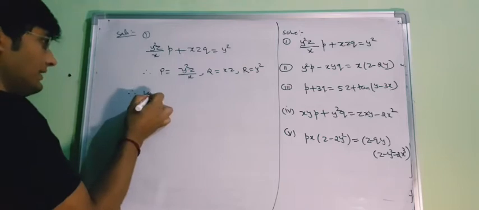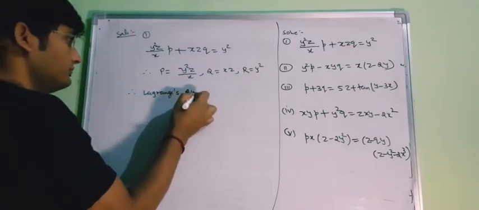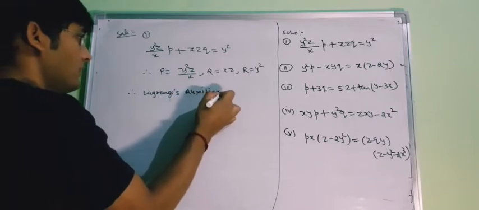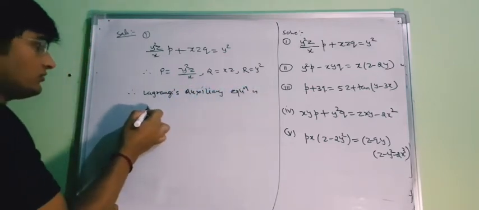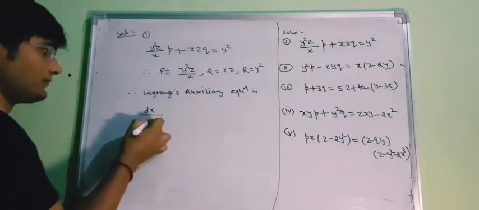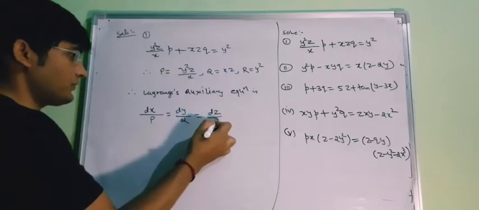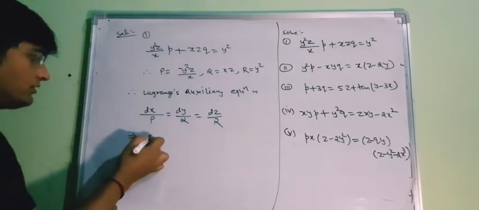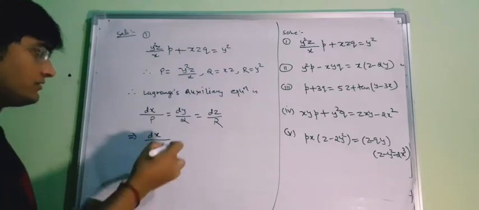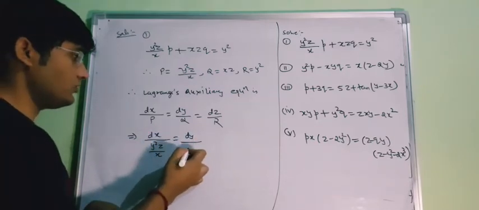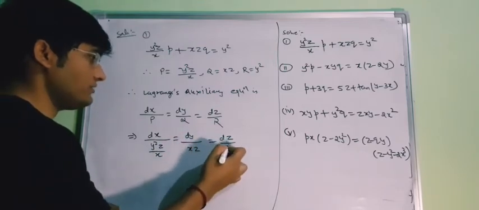Therefore, the Lagrange auxiliary equation will be dx upon P equal to dy upon Q equal to dz upon R. So this will be dx upon y square z upon x, equal to dy upon xz, equal to dz upon y square.